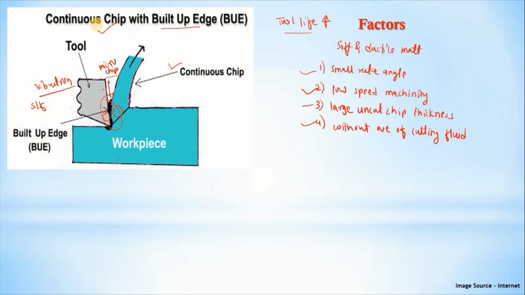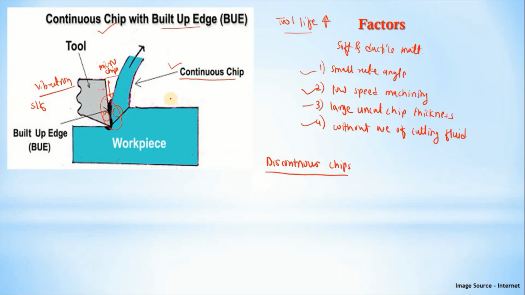When we are doing the machining operation, we should get a discontinuous chip rather than a continuous chip, because if we are getting only continuous chip, the disposal of this continuous chip will be very difficult, and there is a possibility of an accident or hazard to the man who is working on this machine.